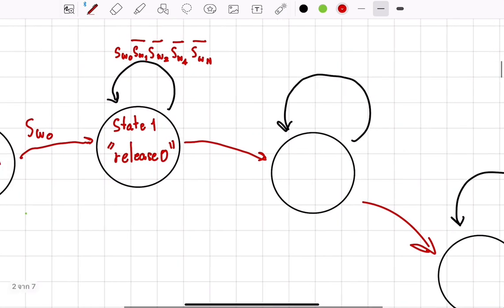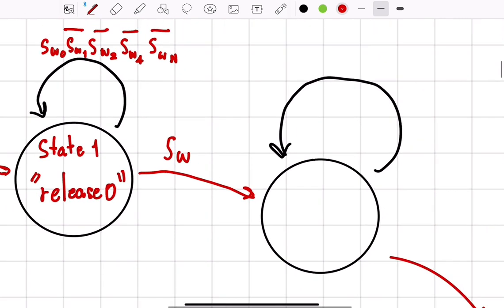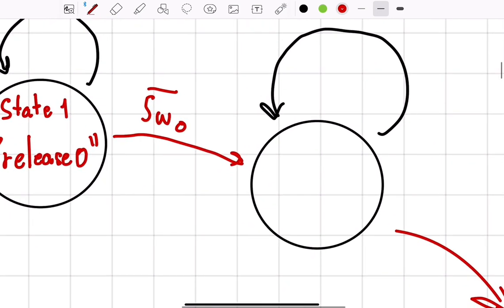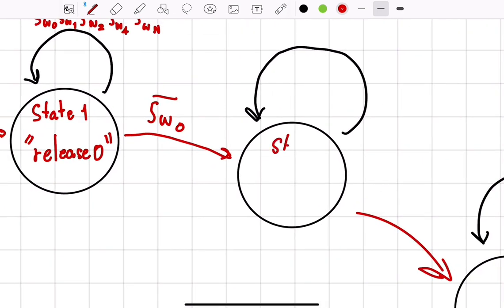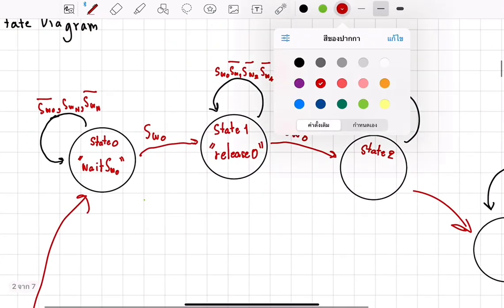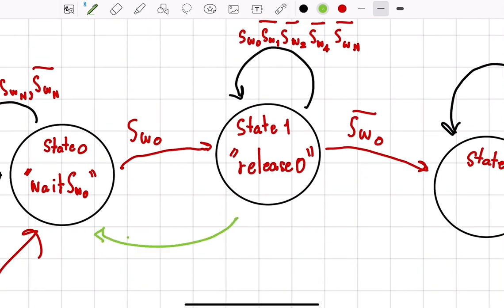When I don't put switch 0, it goes to state 2. And when I put switch 4, switch 2, switch 1, it goes to state 0.